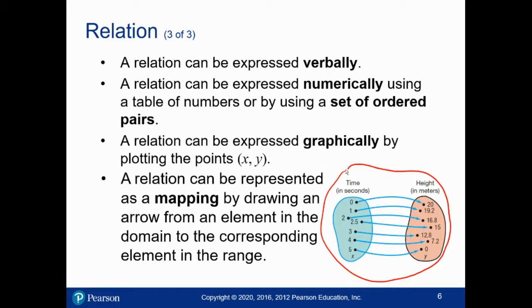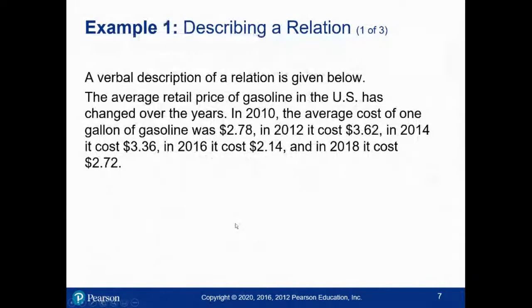And this is also sometimes called a mapping. So here we've got some sort of object moving, and at each time we relate to it, at each time that passes, how high it is. So at time 0, it's 20 meters in the air. At time 1 second, it's down to a height of 19.2. By the time we've hit 4 seconds, it's only at 7.2 meters, and so forth. Just a way of relating one thing to another.